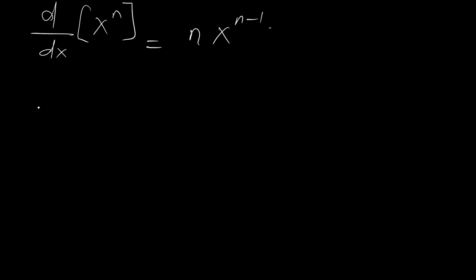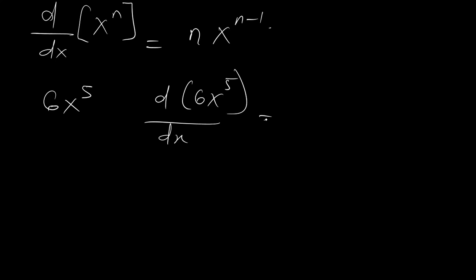Now let's say you have a value, like 6 times x to the power 5. So the derivative of this will just be 6 times the derivative of x^5 over dx.